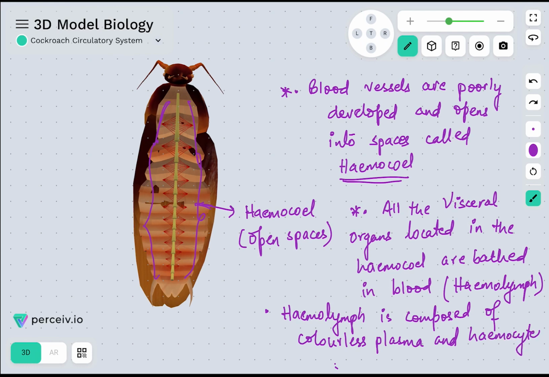This is about some of the general features of the blood vascular system or circulatory system of cockroach, which is of open type. That means no specific blood vessels are present, and all the tissues and organs are directly bathed in the blood, which is called hemolymph, a combination of plasma and hemocytes.